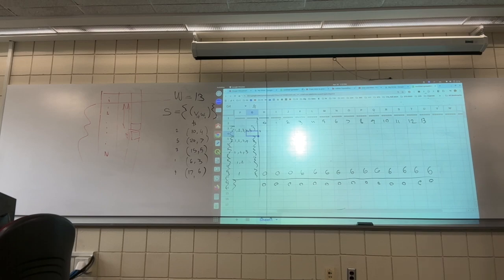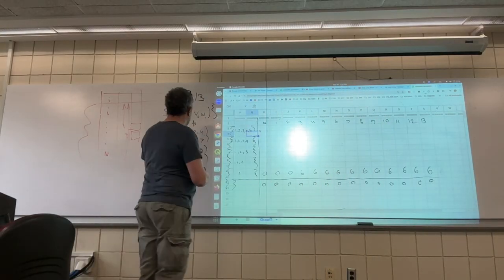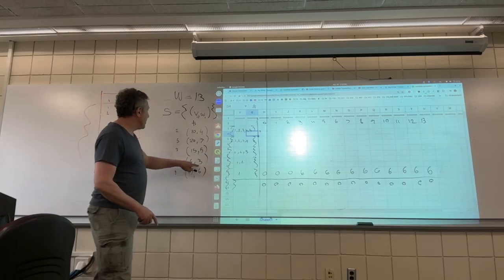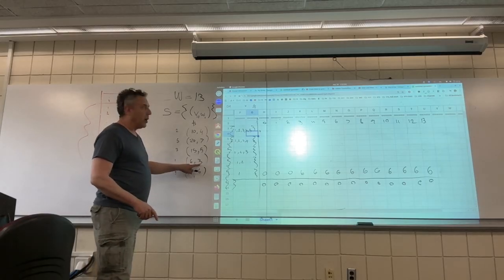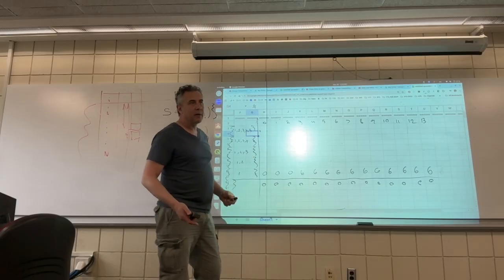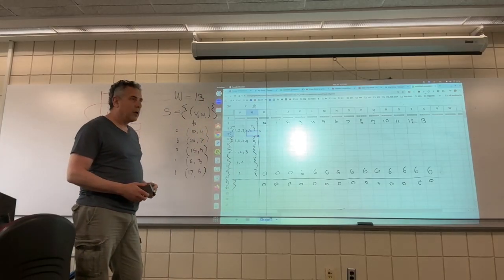So again 0. He has a question: why did we start putting 6 when we got to 3? Because for this first object, number 1, the weight is 3. Until my carrying capacity is high enough, I can't pick up anything. Why is it still 6 after?